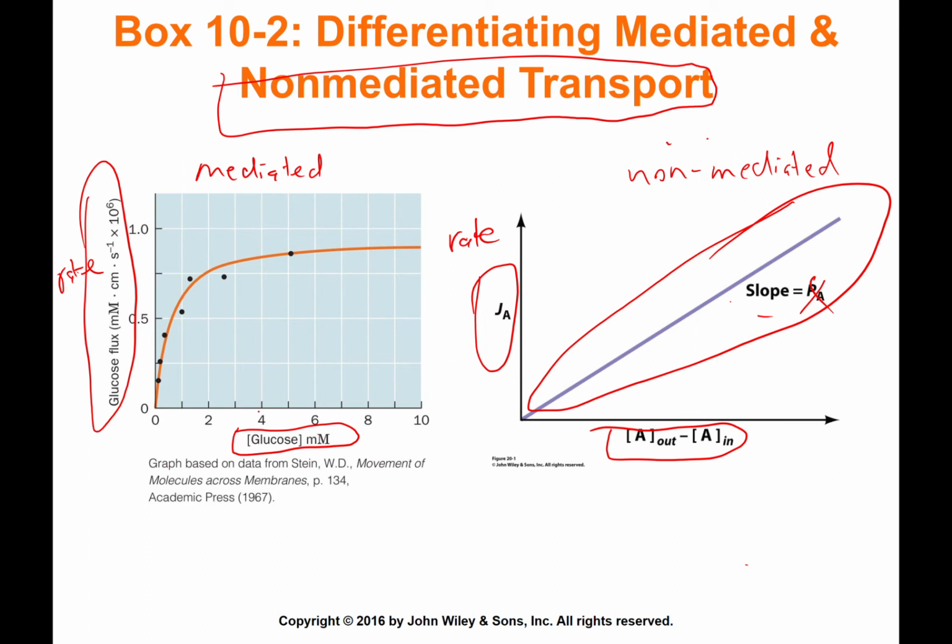Initially, this case is actually behaving like the non-mediated transport. So we increase the glucose concentration and the rate's increasing in more or less a linear manner. But eventually the rate starts to slow down and slow down and slow down, even though we continue to increase the concentration of the molecule. So the real question is, why is it slowing down? Any ideas?